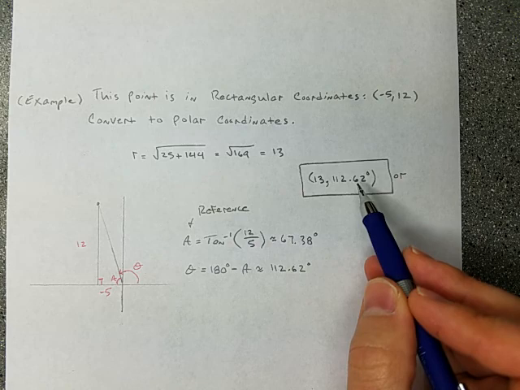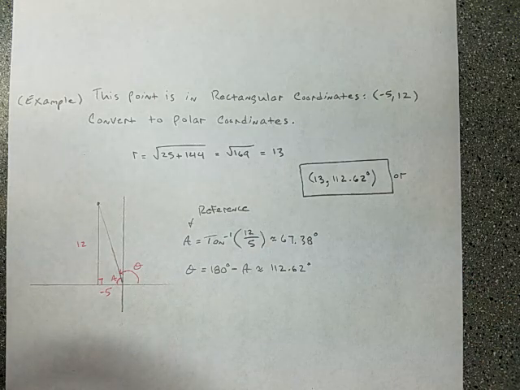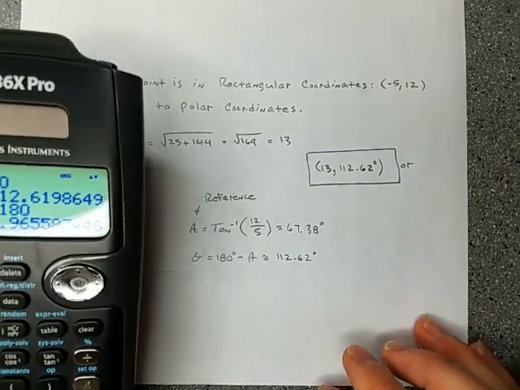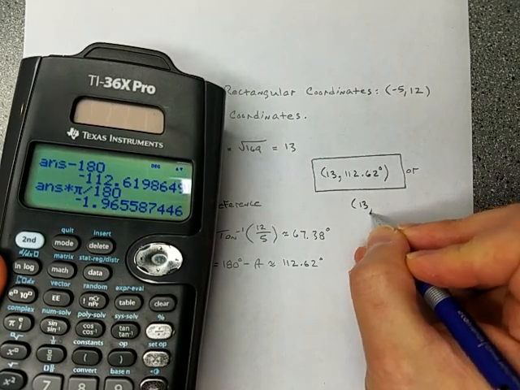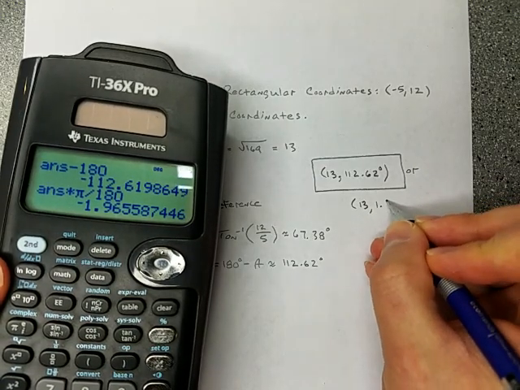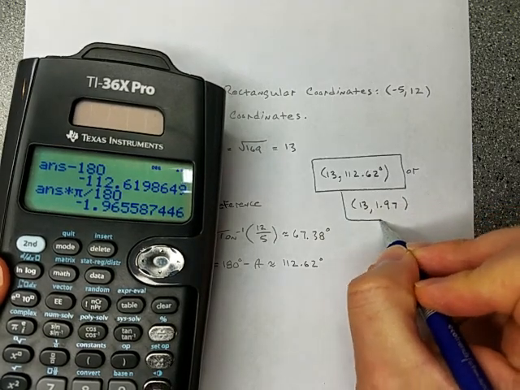Yeah, I could convert to radians if I multiplied it by pi over 180. So I multiply by pi over 180, and I get the same angle in radians. And you could say it's about 13 and then 1.97 radians. Okay? Same thing.